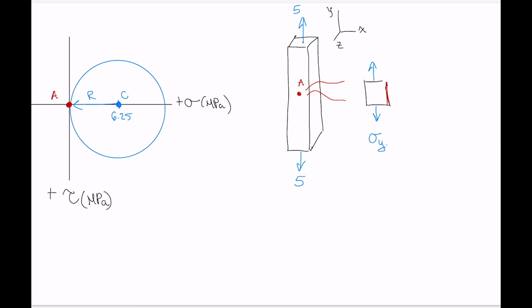If we take point A and we rotate it all the way around to the other side of the circle, right here to location A prime, okay? That's 180 degrees in the counterclockwise direction.